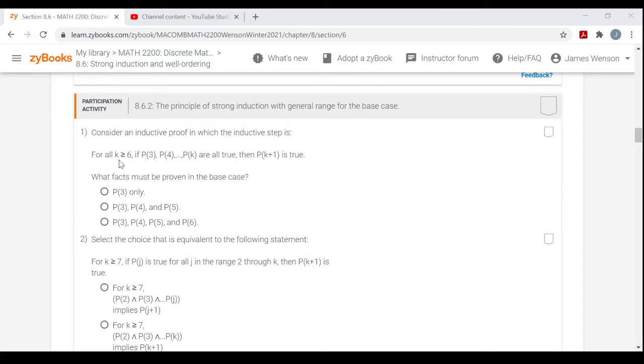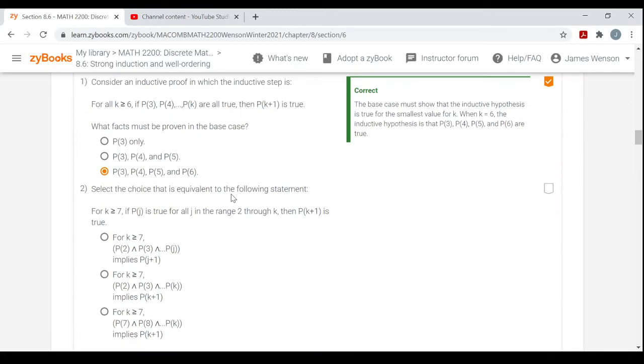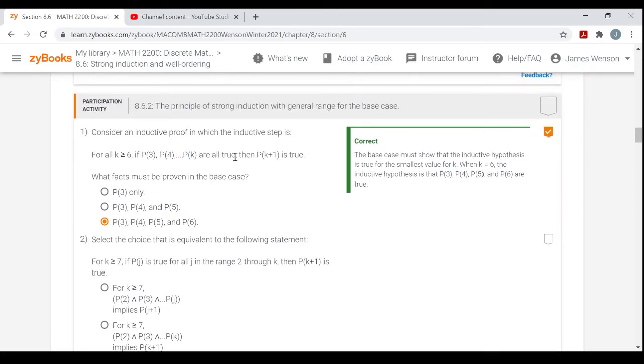Well, you see it's for all k greater than or equal to 6, and they're starting here at 3, so that means you would have had to show that the statement's true for 3, 4, 5, and 6 to be your base case. And then if you show that this is true, then basically you'll have shown that it's true for 3, 4, 5, and 6, therefore it's true for 7, and then it's true for 3, 4, 5, 6, and 7, therefore it's true for 8, and so on. All for the rest of the integers greater than or equal to 3.